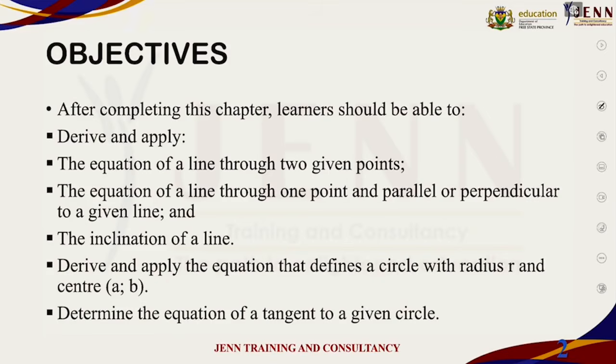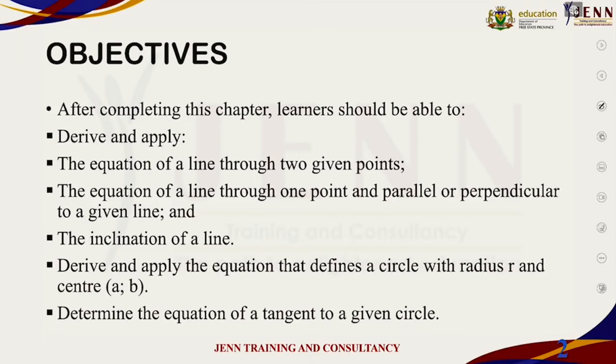To determine the equation of a straight line, we need two things: the gradient of that line and at least one point that you substitute to find your equation.